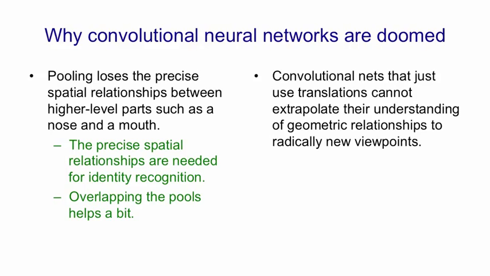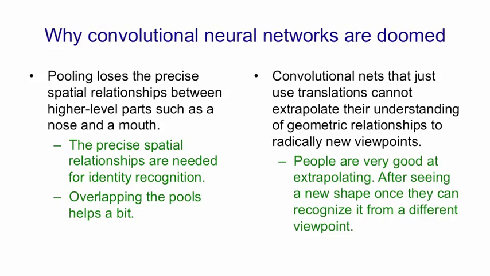A related problem is that convolutional neural nets that use translations to replicate feature detectors cannot extrapolate their understanding of geometrical relationships to radically new viewpoints, like different orientations or different scales. We could, of course, try replicating across orientation and scale, but then we get huge numbers of replicated feature detectors. Now, people are very good at extrapolating.